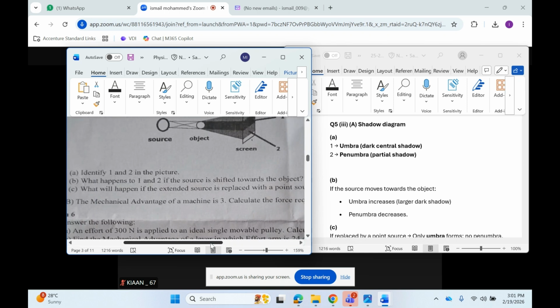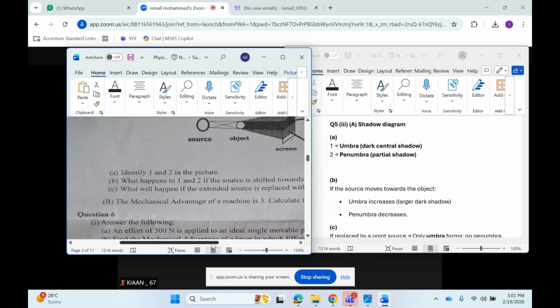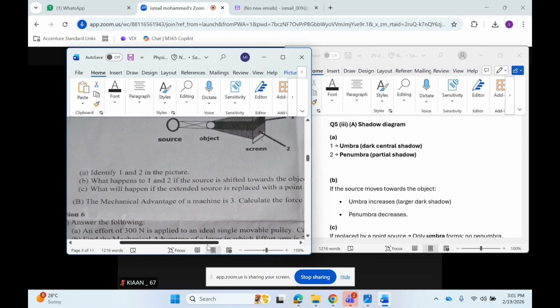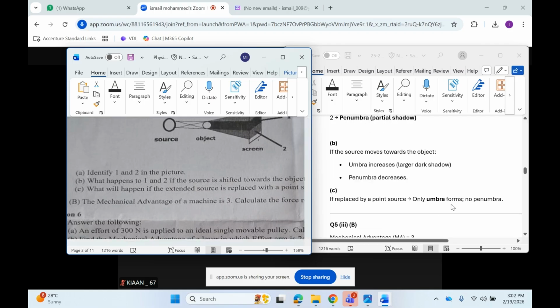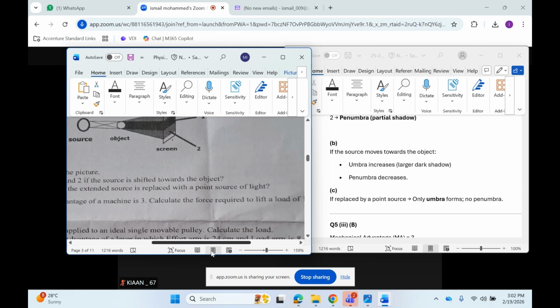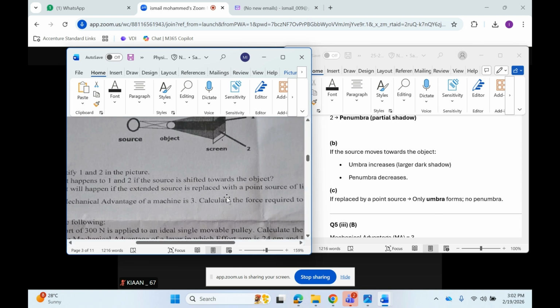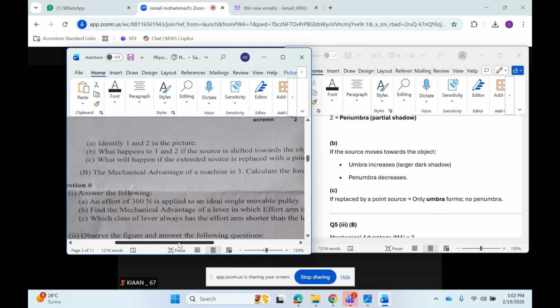What happens to 1 if 2, the screen, is shifted towards the object? If it is moved, umbra increases and penumbra decreases. And what will happen if the extended source is replaced with a point source? Only umbra forms, no penumbra, because the source of light is very small.